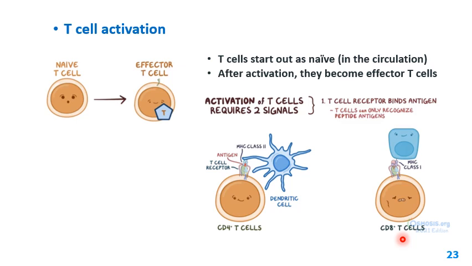Now, in case you have cytotoxic T cells, right? So they have T cell receptor, but here they have MHC class 1. I mean, they have CD8, right? CD8 on their surface that interacts with MHC class 1, right?